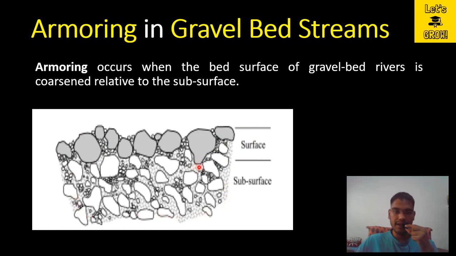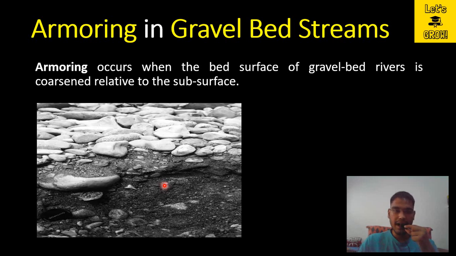In this image you can easily see that these surface particles are coarser than the particles found in the subsurface. This phenomenon, in which the surface particles are coarsened relative to the subsurface, is known as armoring.